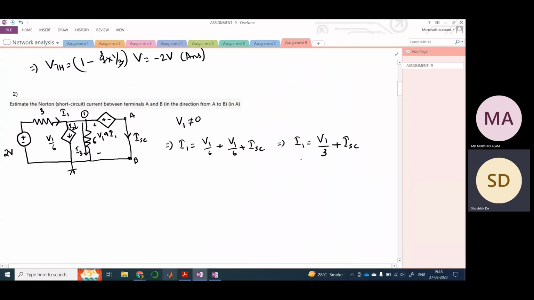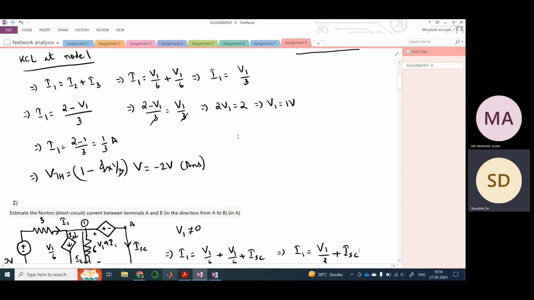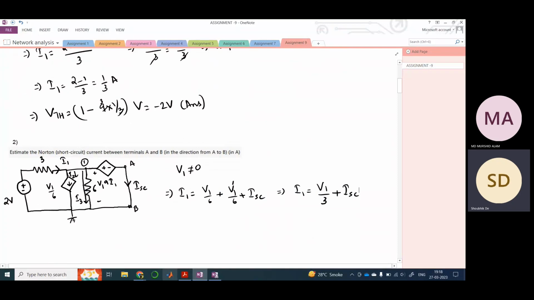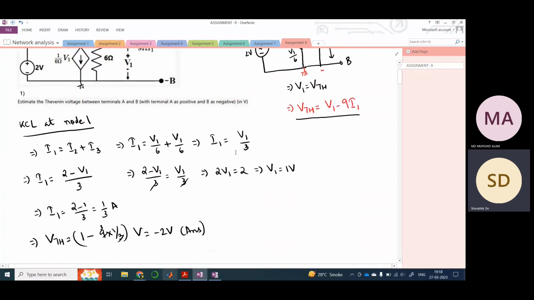Okay, so now we need to get another equation, right? Previously this ISC was 0 because the AB terminal was open.